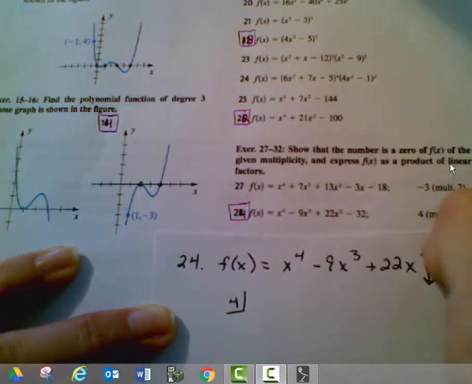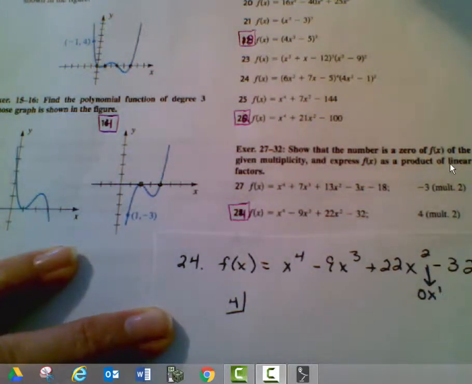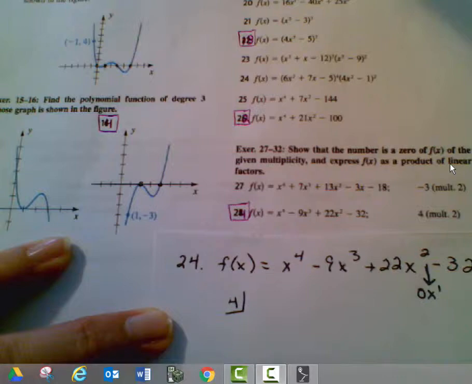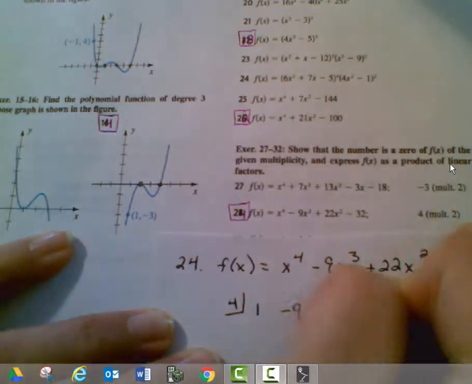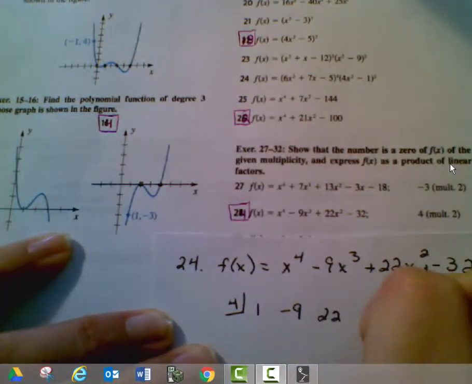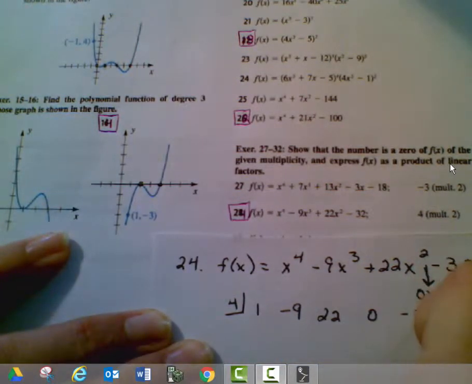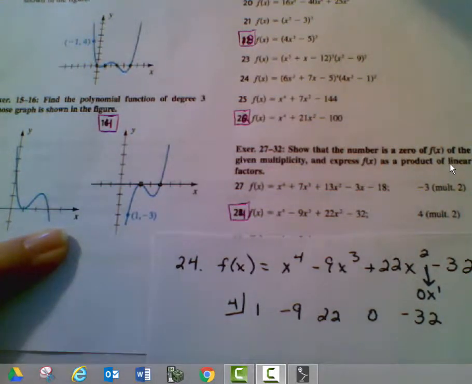I have to be aware of that and put in a 0x to the first for that missing term, and then I have my constant negative 32. So the coefficients of this polynomial are 1, negative 9, 22, 0, and negative 32.